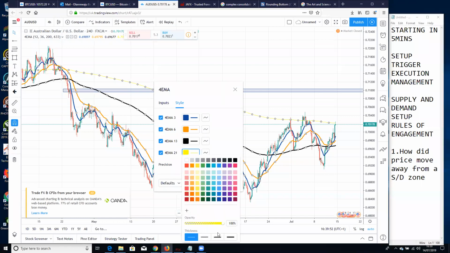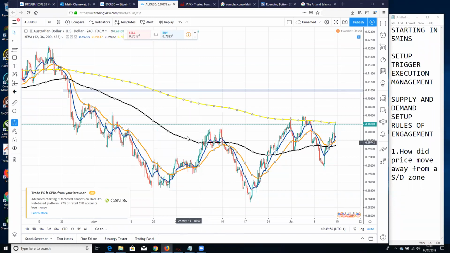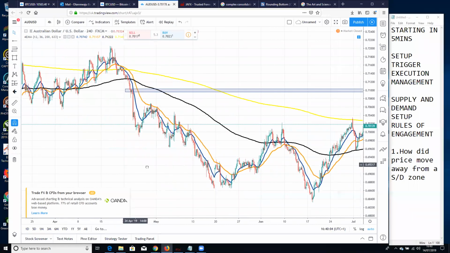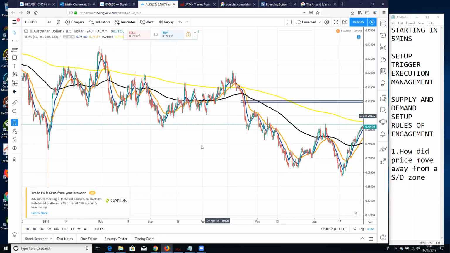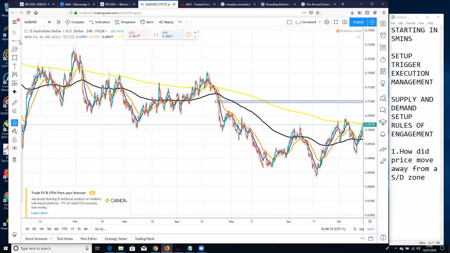So as you can understand, I use this as a trend trading strategy for me to know which direction is a trend. If price shows me that we are in a trend, say for example, I wouldn't have known if we're going to start to trend down, but this is a 4-hour chart.